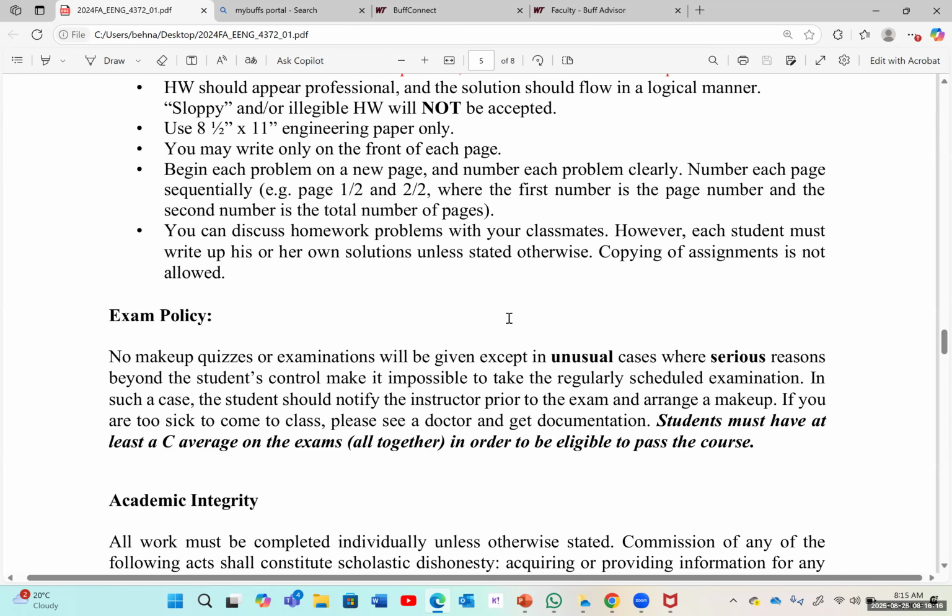One thing that is actually causing a lot of trouble is the use of AI. Use of AI for homework solving and in the exam is strictly prohibited. And I know some students may use it. It's good if you want to use it to learn something, get additional information.